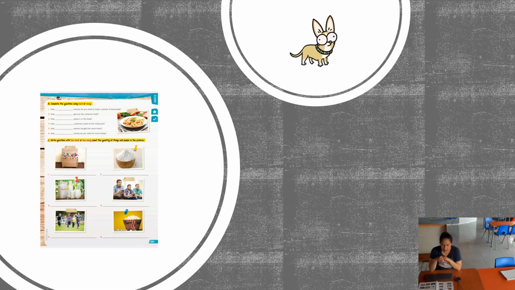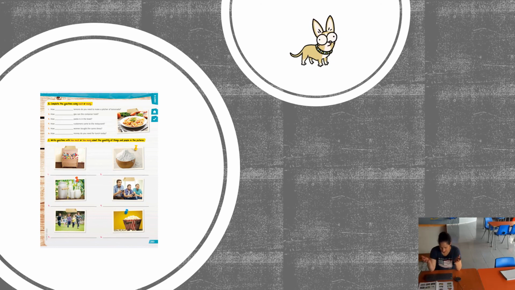Okay? Then you look at the pictures on exercise C, and I want you to write questions. How much or how many? Think. Can I count them? 1, 2, 3? Or do I have to measure them in a glass or in a pound?